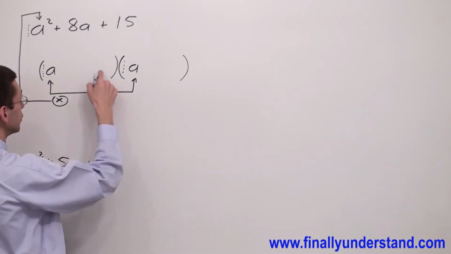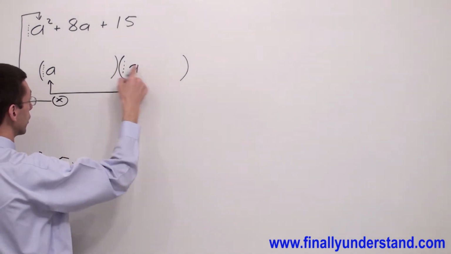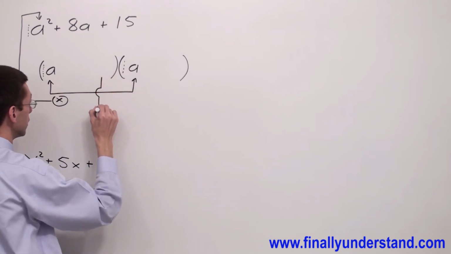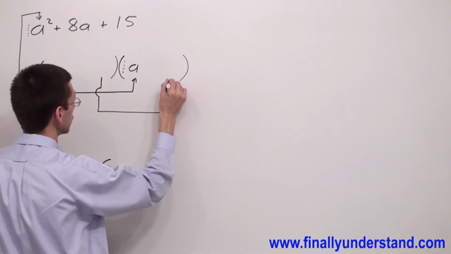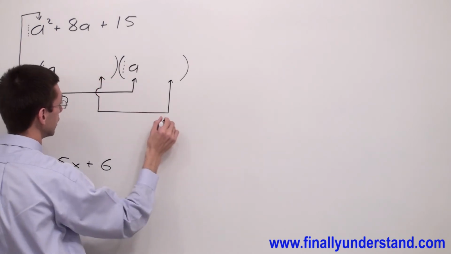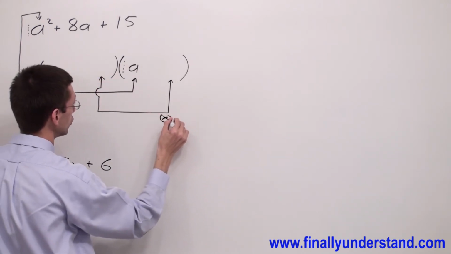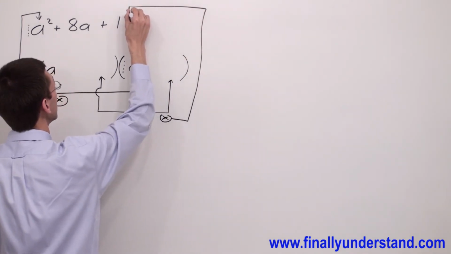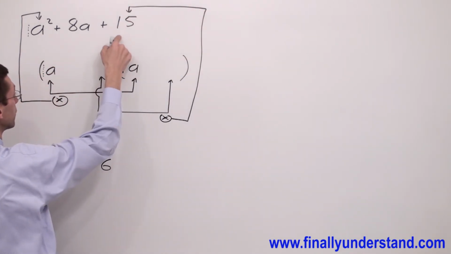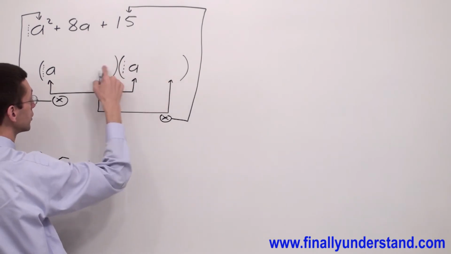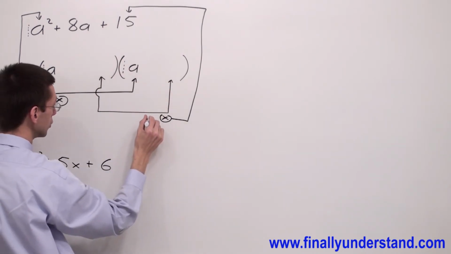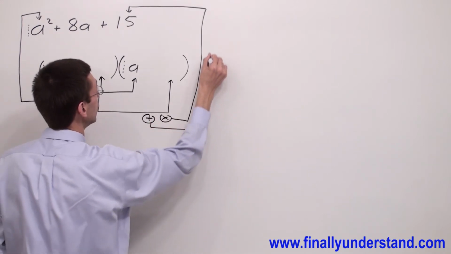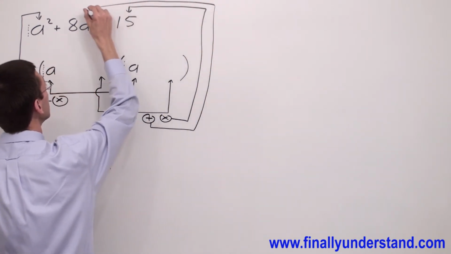Next, these two terms, which I'm going to write over here, multiplied by each other, are supposed to give me the third term of my quadratic trinomial. And these two terms added to each other are supposed to give me the middle term.